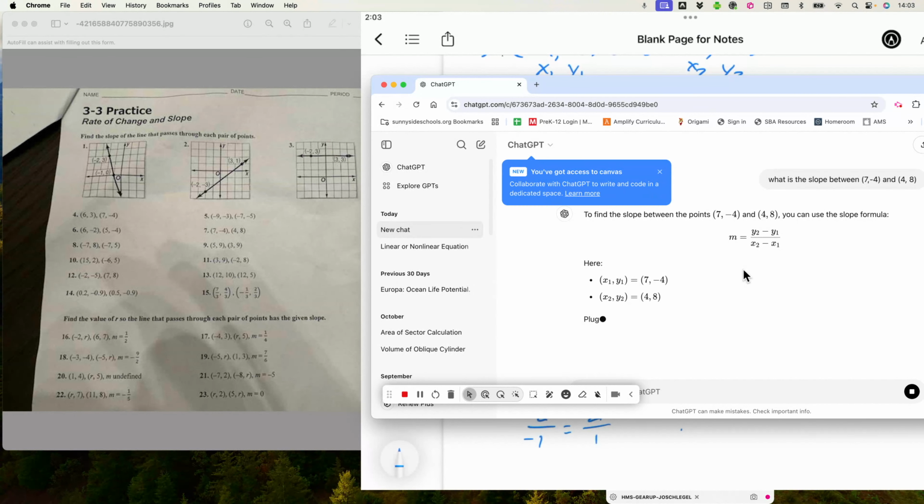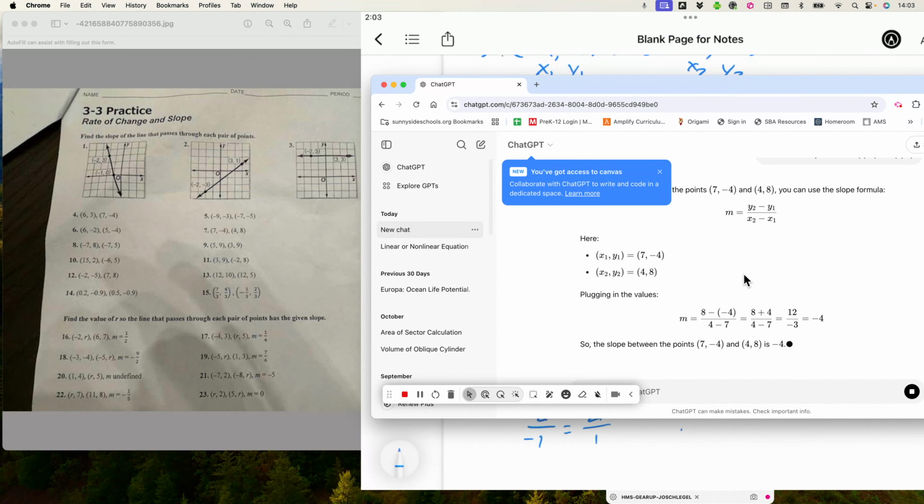It's going to describe how to do it, similar to what I'm doing, y2 minus y1. It's going to get negative 4, just like Wolfram did. ChatGPT might actually be a better resource for this because it's going to walk you through all the steps for that right there. With that, I am going to jump down to number 14 and 15.